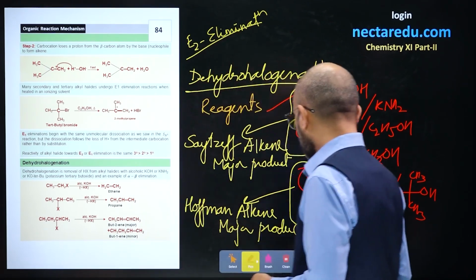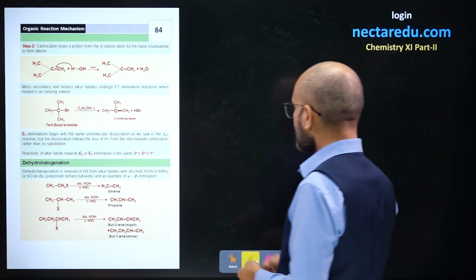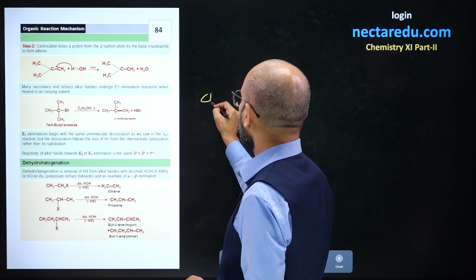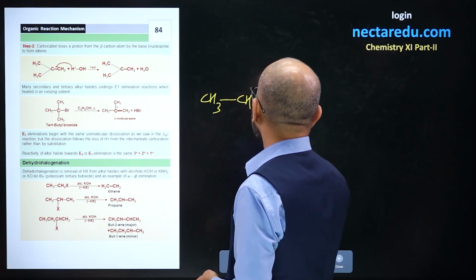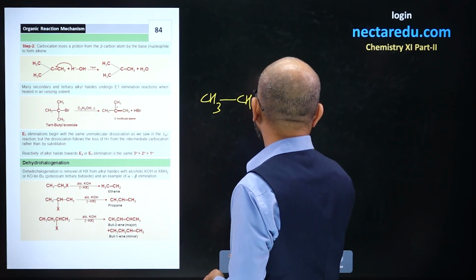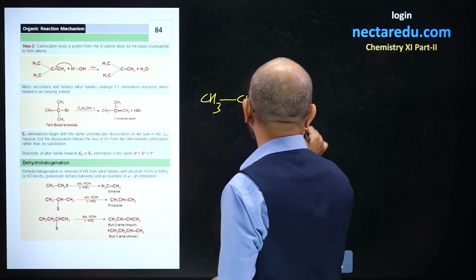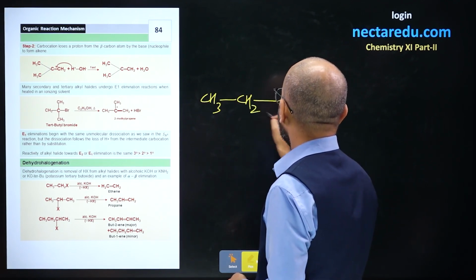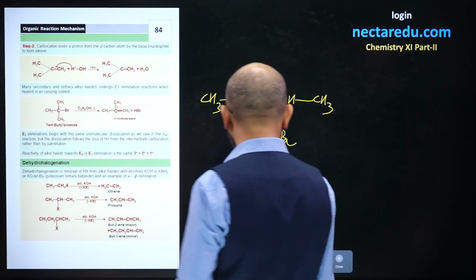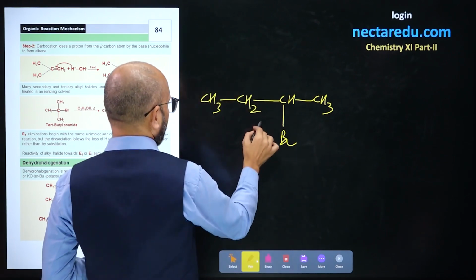Alright, now I'll show you. If I take an alkyl halide like this, CH3CH, then we have, let's say, Br over here, and you have this CH3. Now, if I do dehydrohalogenation for this, we can have two products.